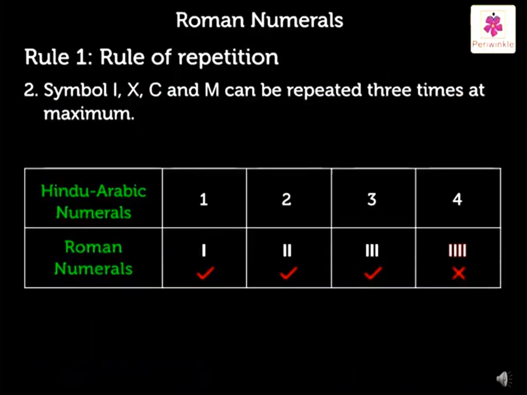In the rule of repetition, symbols I, X, C and M can be repeated 3 times at maximum. For example, 1 as I, 2 as II, 3 as III in Roman system. But we cannot write 4 as IIII. It is wrong.